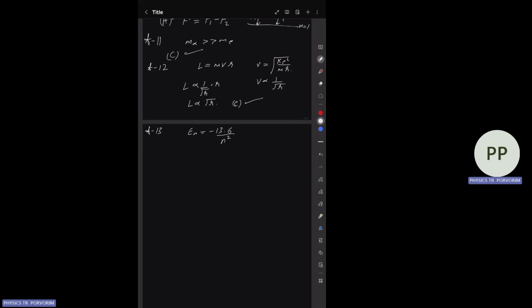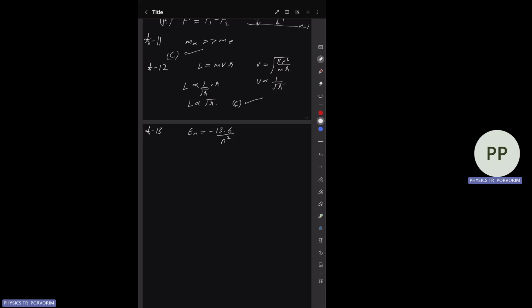Ionization energy is basically the total energy the electron has in that orbit, which we have to provide so that it can be ionized. So the total energy is the ionization energy, with just a minus and plus sign difference: minus for total energy, plus for ionization energy.